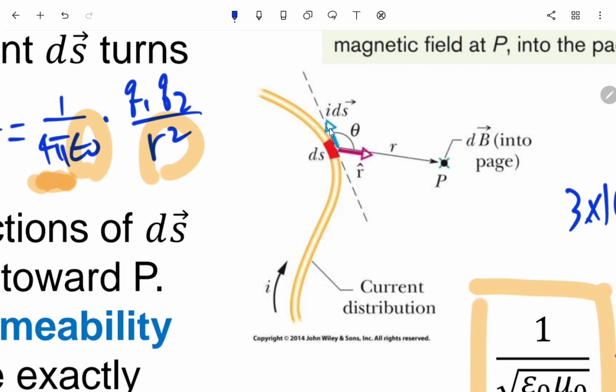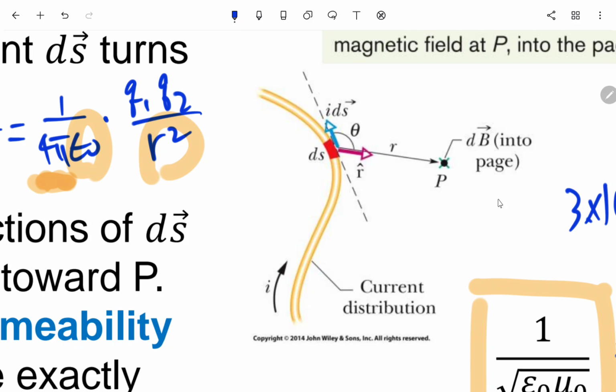This ds vector is actually the tangent line at this point, and it also follows the direction of the current. The tangent line can point this way or the other way, but we follow the direction of the current. So here we have I times ds to be this vector, and what is r or r hat? r starts from this ds and points to the point P we are concerned with.